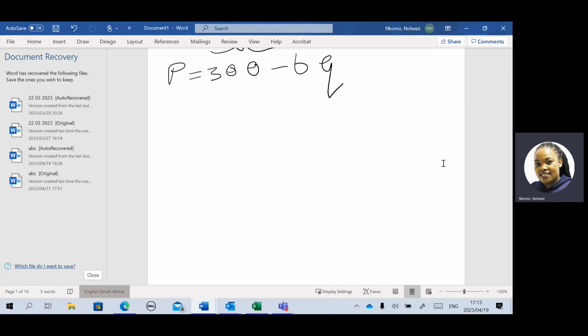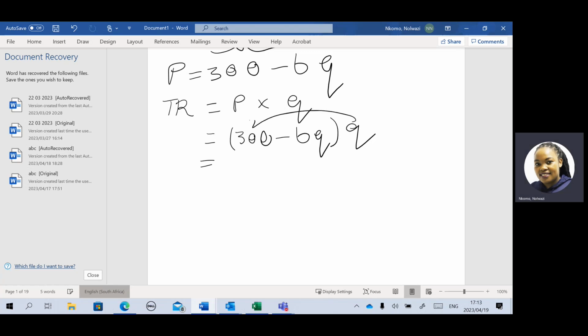We are given the demand function, and we know that the total revenue is equal to the price per unit times the number of units, meaning the total revenue is equal to P times Q, and we are given our P as 300 minus 6Q. So we have this Q times 300 minus 6Q. This is our total revenue.